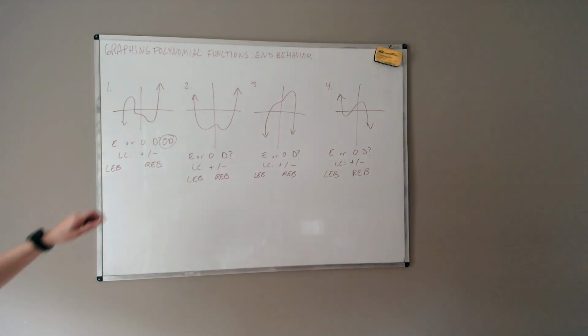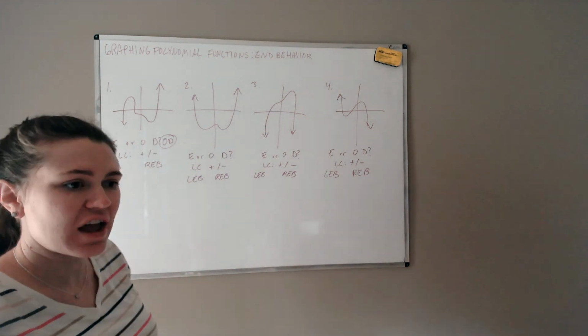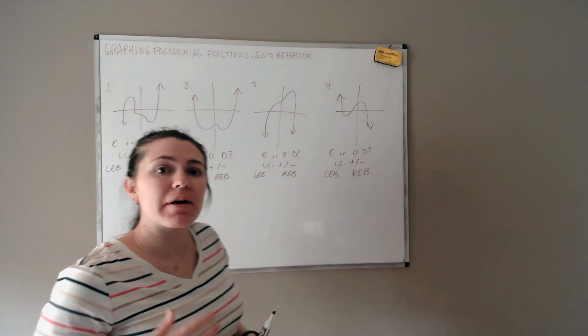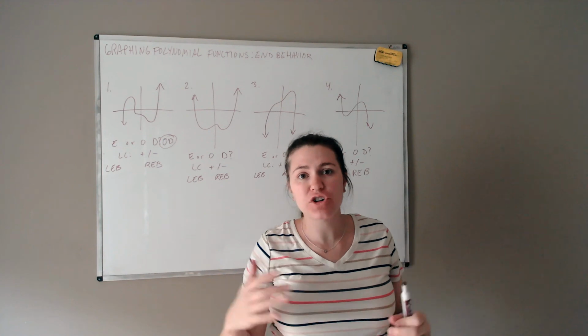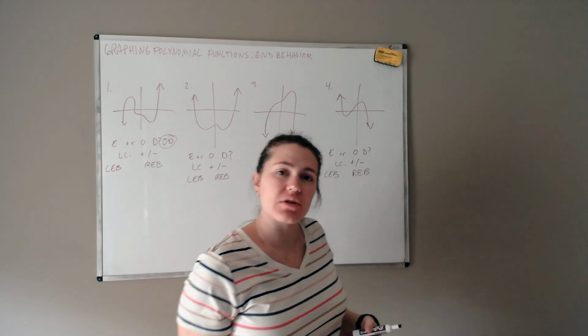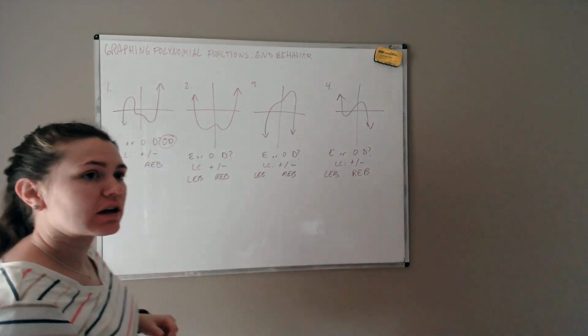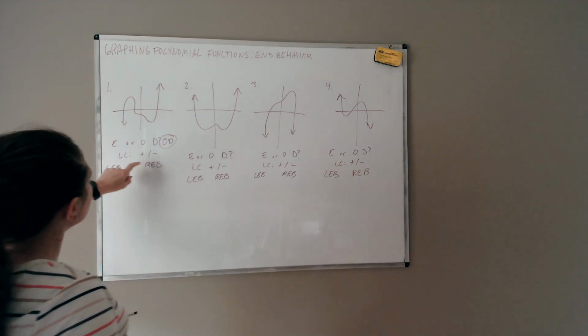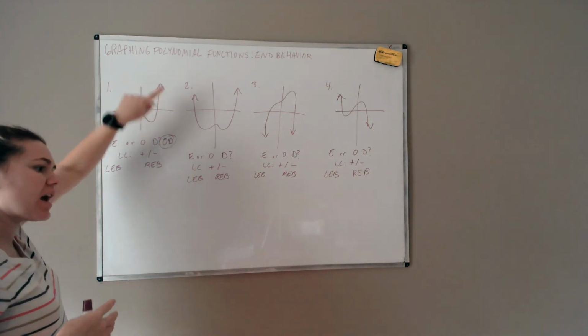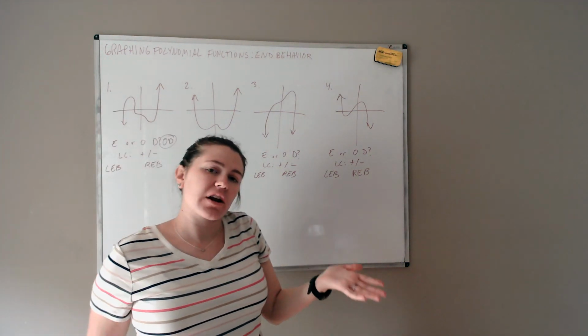Now, is the leading coefficient positive or is the leading coefficient negative? Well, look at the right end, okay? We're looking at a graph of a function and we can tell whether it's even degree or odd degree, and whether the leading coefficient is positive or negative. So for the leading coefficient, we look at the right end. Is the right end going up or going down?